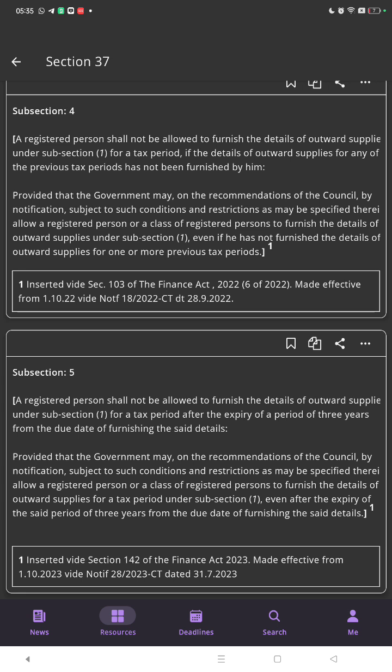Provided that the Government may, on the recommendation of the Council, by notification, subject to such conditions and restrictions as may be specified therein, allow a registered person or a class of registered persons to furnish the details of outward supplies for the tax period under subsection 1 even after the expiry of the said period of three years from the due date of furnishing the said details.